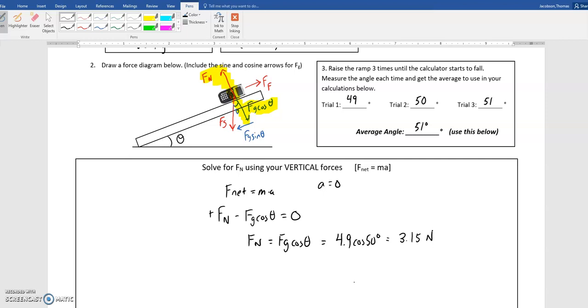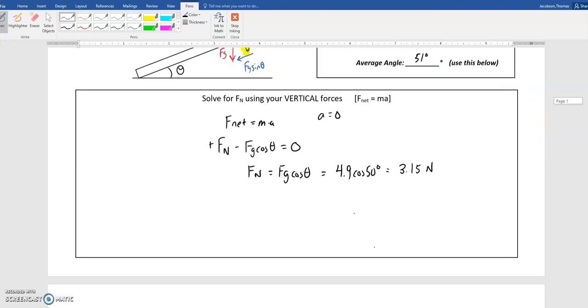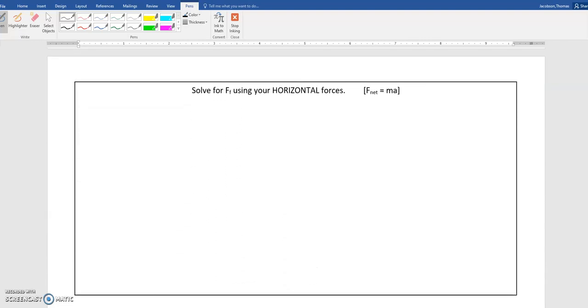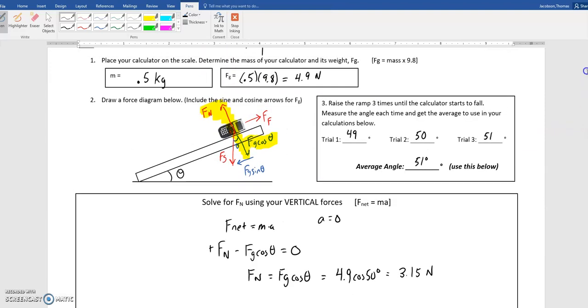So that's the force of the track pushing up on the calculator. Then I'm going to get to the next part. So solve for Ff using your horizontal forces. So again, I'll start off with F net equals m times a. We go back up to our force diagram, and our 2 horizontal forces are Ff and Fg sine theta.